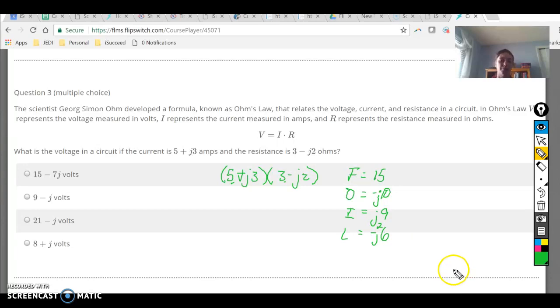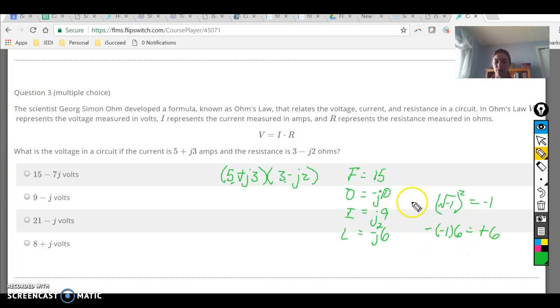Okay? But just like we looked at previously, this J squared is the same as a negative 1, right? So this is basically the square root of negative 1, and if I square the square root of negative 1, I get negative 1. So this becomes a negative times a negative 1 times 6, which becomes positive 6. Okay?